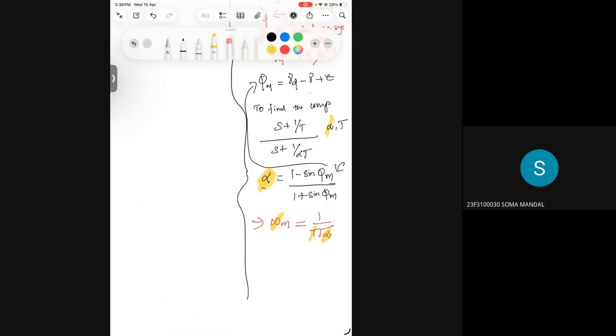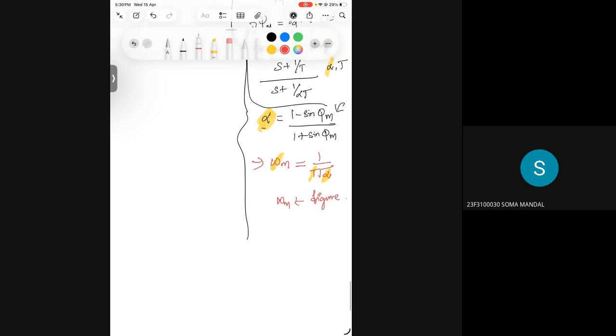In order to find the t, we should cross this intermediate step, that is omega m. For now, we don't know omega m. I'll tell you how to do it from the figure. For now, assume that we know the omega m from the figure. I will tell how to find this omega m. Okay. So once you find the omega m, you have alpha already, so t will be simply 1 by omega m into root alpha. You will find t also.